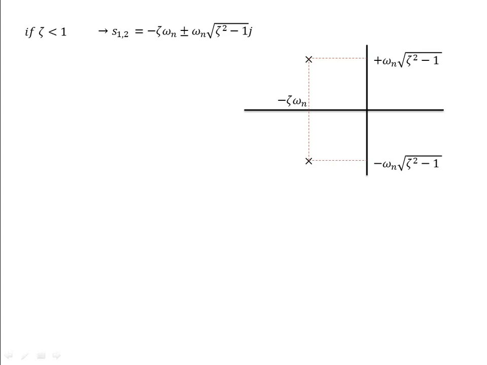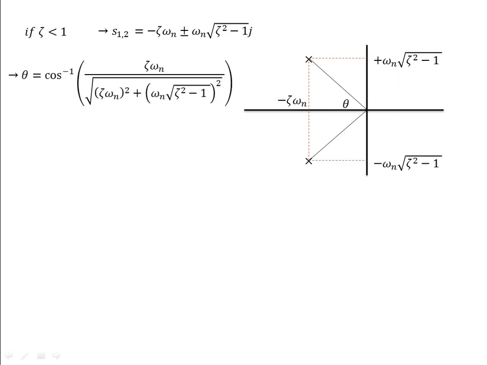Let's look at the angle between the real and imaginary part of these poles. If we call this angle theta, the cosine inverse of theta will be cosine inverse of zeta omega n, the value of the real part, over the length of this line, which is the square root of zeta omega n squared plus omega n root zeta squared minus 1 squared.